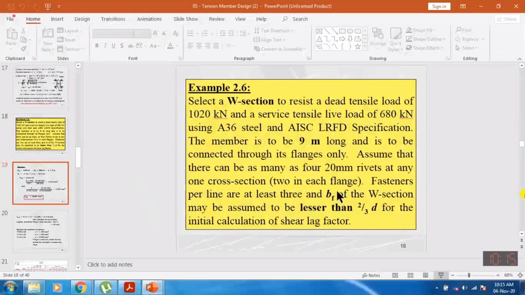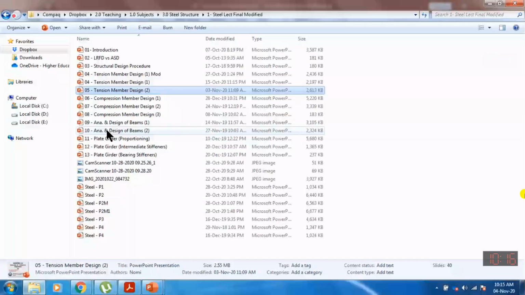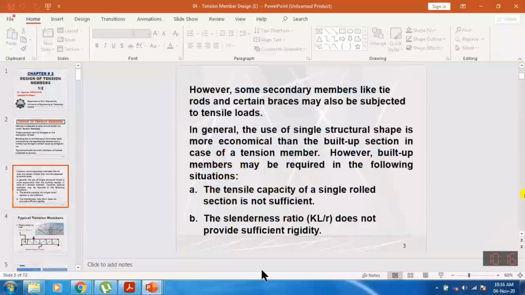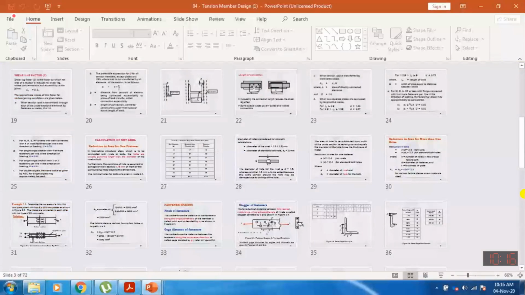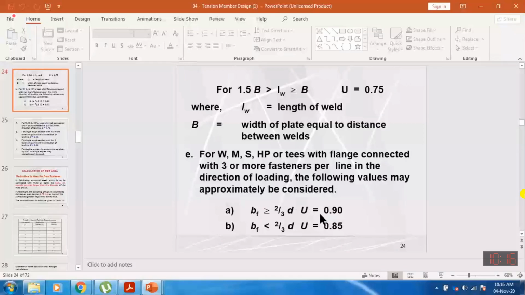Let me show you the table that we have already discussed. I have also explained the shear lag factor value. Let me check where the specification is. Yes, here. This is also mentioned on page number 98.